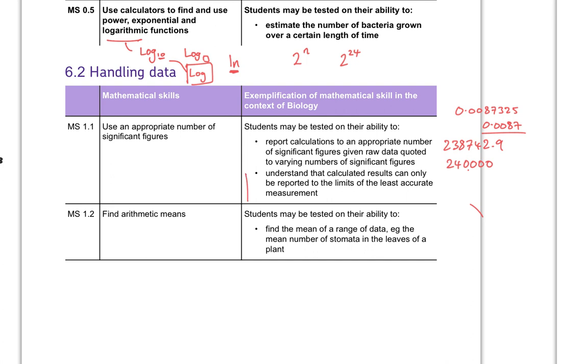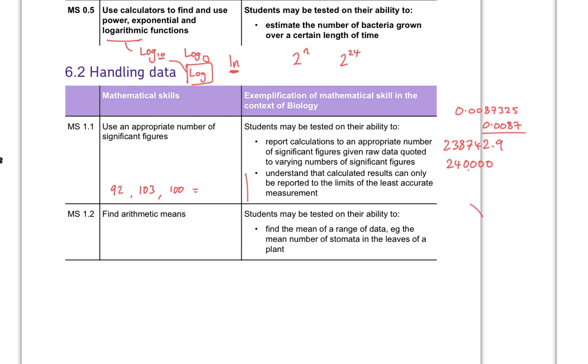This one is about understanding that calculated results can only be reported to the limits of the least accurate measurement. If I've done 3 measurements of heart rate, so I've done some press-ups or something, I've got a heart rate of 92. I have a rest, then I do the press-ups again, and it's 103, and then I do it again, and it's 100. Whatever the mean of those is, I haven't got a calculator, but let's say it comes in at 98.7.